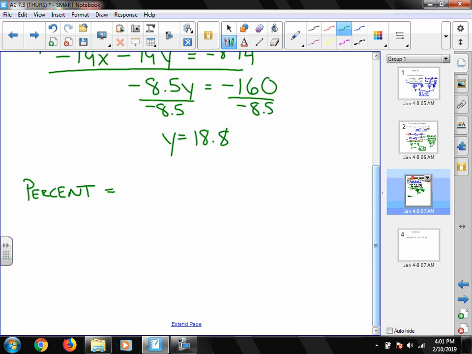So the part I want is the silver part, which we just found to be 18.8, over the whole volume of the crown, 46, and we're going to multiply that by 100, just so we can talk about it as a percent. And when I divide that out and multiply it by 100, I'm going to get roughly, that's what the squiggly equal sign means, approximately 41% silver.